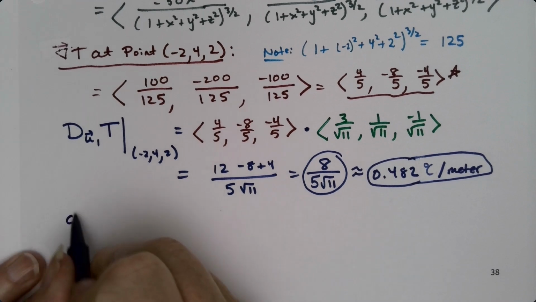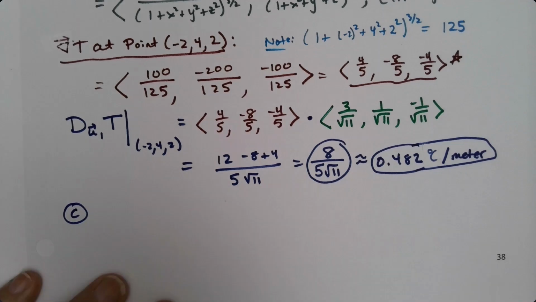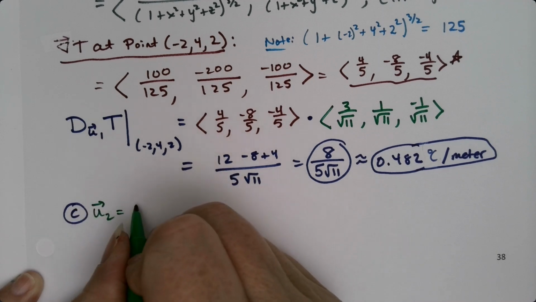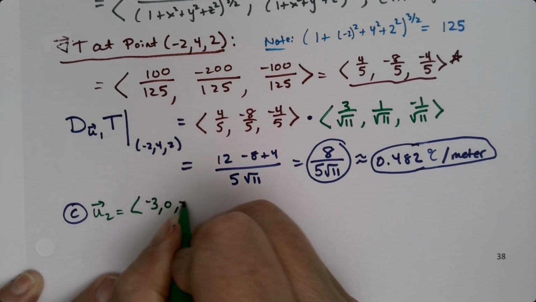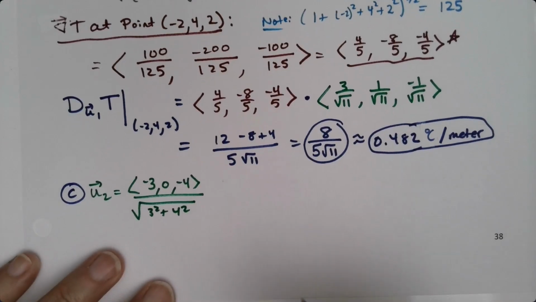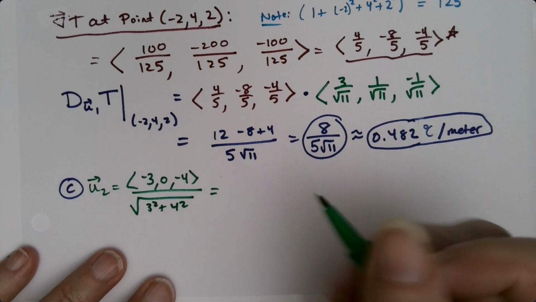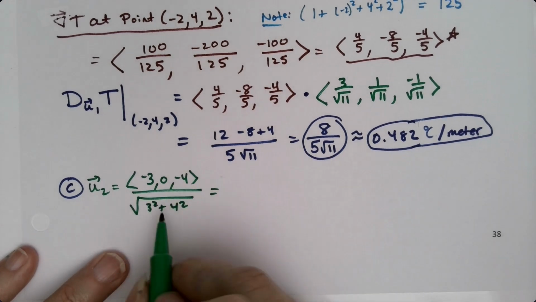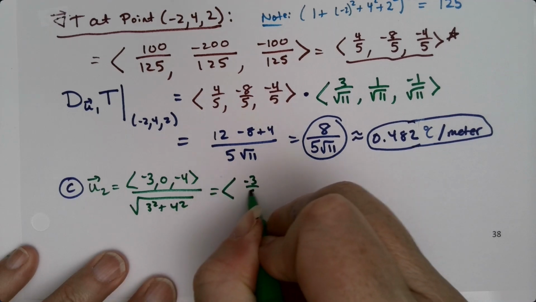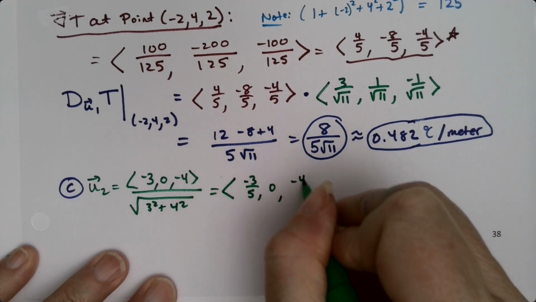So for C, we just need to find that new direction. So u2 would be equal to (-3, 0, -4) divided by the square root of 3 squared plus 4 squared, because the 0 squared doesn't do anything, which is the square root of 25, so that's 5. So that's (-3/5, 0, -4/5).